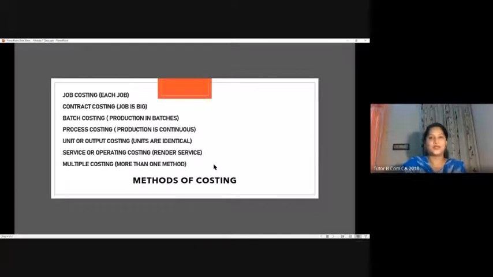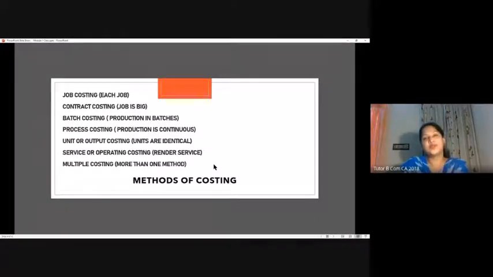Per unit cost is computed based on the total cost of manufacturing for that particular batch. Right. Then process costing, what you have to remember is it's a process, so it's continuous in nature. One process leads to another, so the computation of total cost becomes adding up all the costs involved in this entire process. So that's process costing.